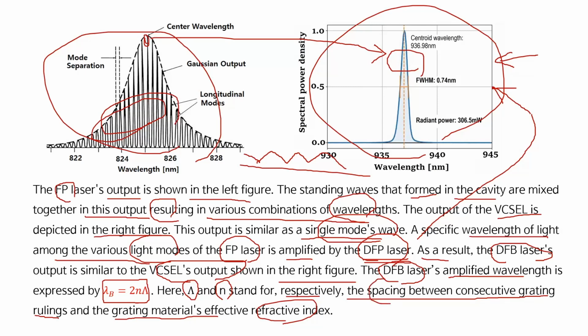Lambda is the spacing between consecutive grating rulings, the distance between two grating rulings. So this is lambda. We can control the output wavelength of the laser by adjusting this lambda.